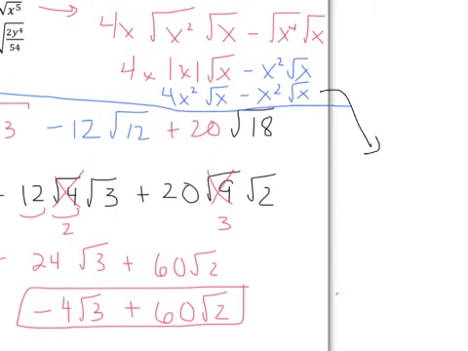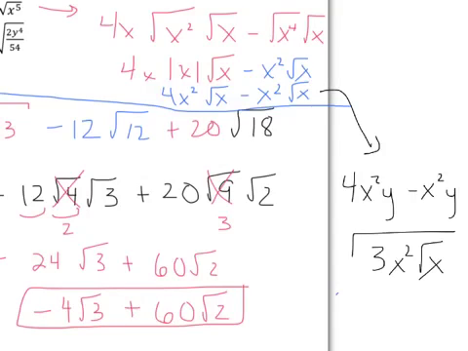Here, Summers, does this make it better? Think of it this way. How many x squareds would you end up having there? 4x squared y minus 1x squared y is 3x squared y. But it's not y, it's root x. I know, but it's the same thing.